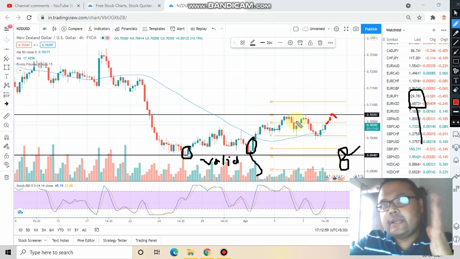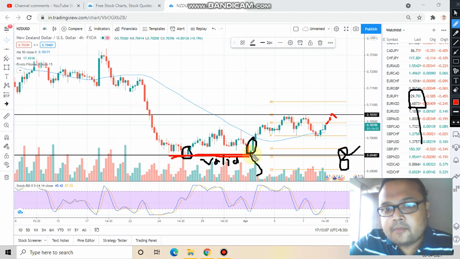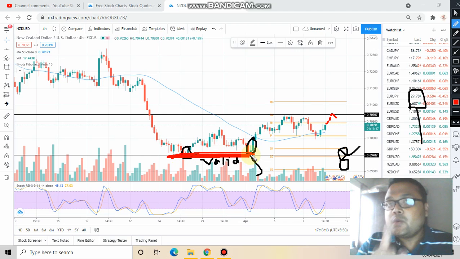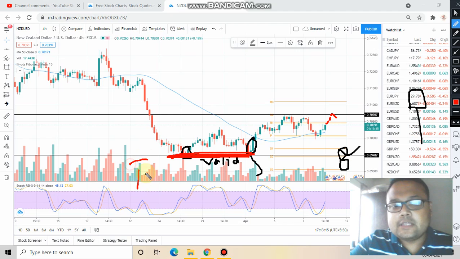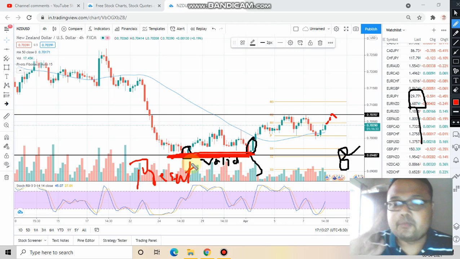I've shown you in the weekly chart that for the last 2 weeks market tested this price level, but market did not go down. Means buyers are present here who did not allow the market to go down. They tried to take the price upward, so they will be trying harder again to take the price upward.